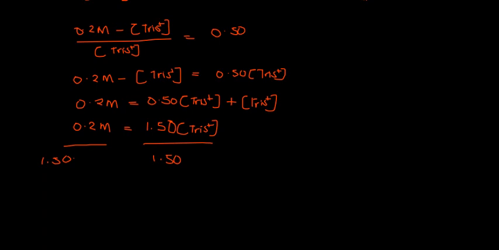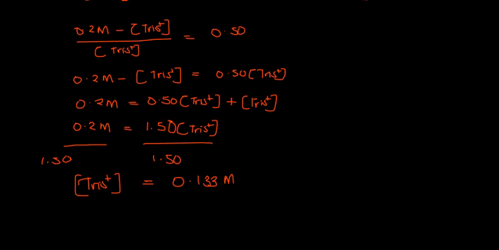So if we divide here, we'll have the concentration of the Tris acid equated to 0.2 molar divided by 1.50, you get 0.133 molar, since it's a concentration.